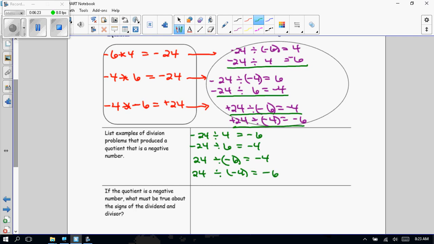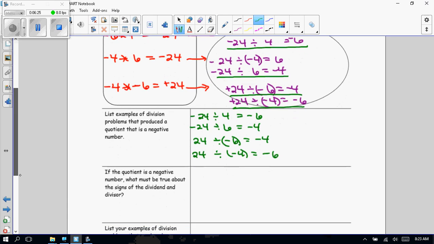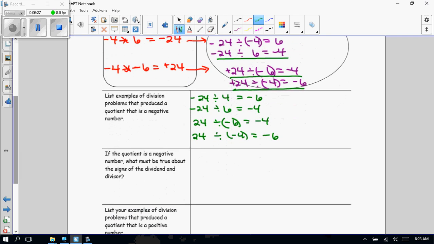All right, look at all of those. What do you notice about the signs, positive, negative signs, in all of those? If the quotient, the answer, is a negative number, what must be true about the dividend and the divisor? Negative, positive, negative, positive, positive, negative, positive, negative.